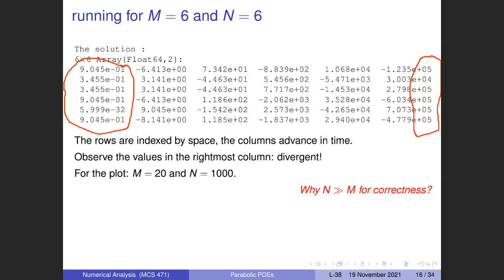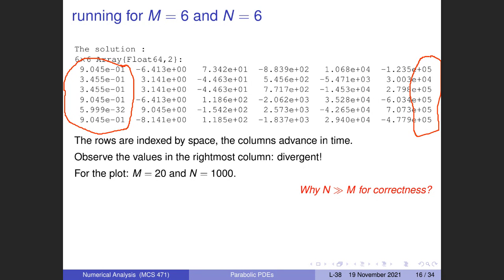You see, we started with a temperature range between 0 and 1, the square of the sine function, but we end up with huge temperatures. So we were expecting that our interval would cool off. There was no heating applied, and as time goes on, instead the temperature blows up on us.